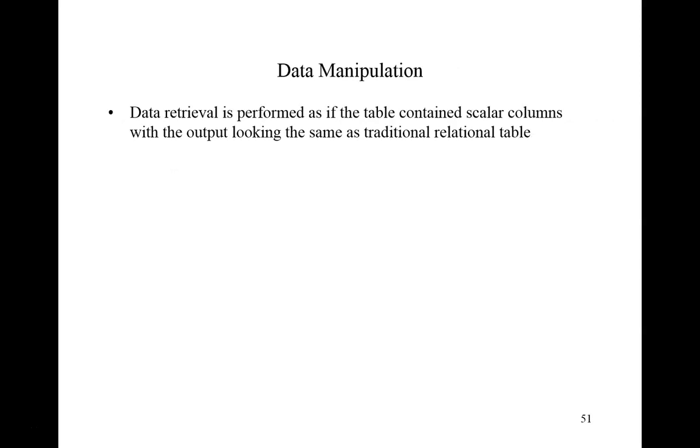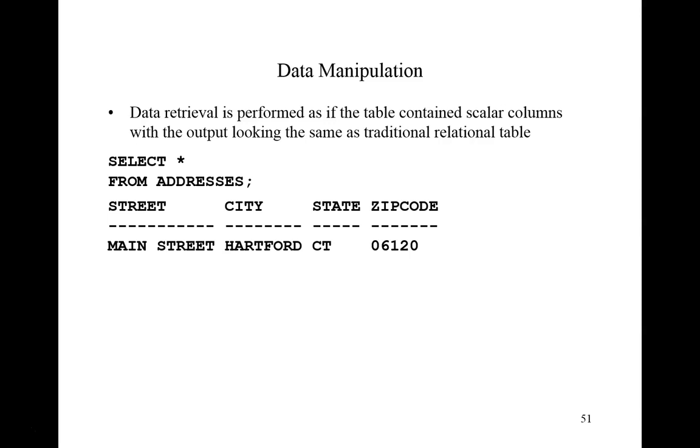Data retrieval, we indicated, can be performed on an object table just as if we had scalar values in a traditional relational table. Select asterisk from addresses returned an entire row, and notice this is quite different than when we extracted a column object, where we saw the object was returned to us kind of intact.